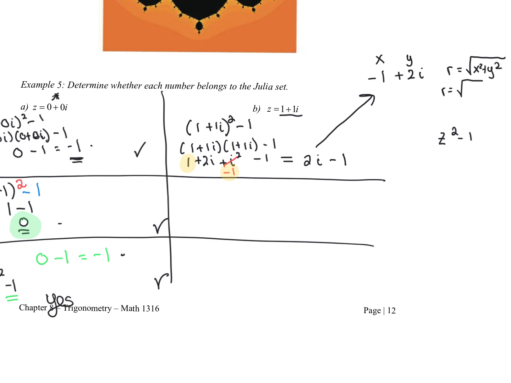R equals the square root of -1 squared plus 2 squared. That's going to be the square root of 1 plus 4, which is the square root of 5. And the square root of 5 is bigger than 2, so automatically, no, this is not in the Julia set, because the magnitude of this z, the r, is the square root of 5, and the square root of 5 is greater than 2.